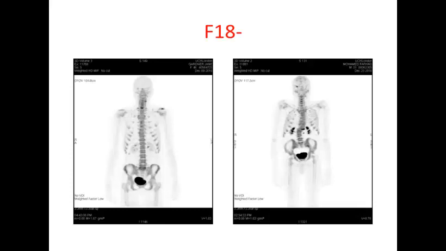Okay, not about 2/3. Yeah, this is fluoride. This is a bone agent. And it shows you the normal distribution, and this is a case of kyphoscoliosis here.